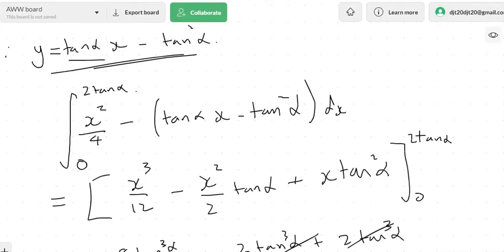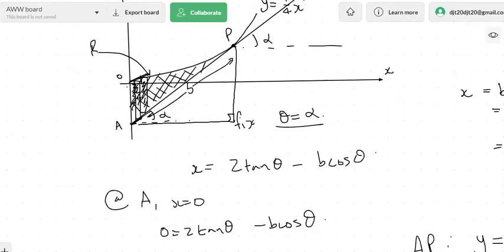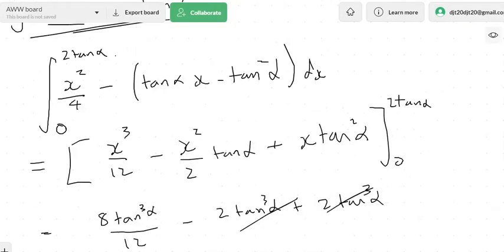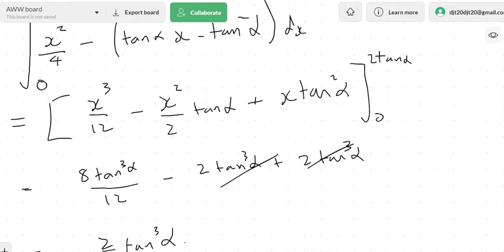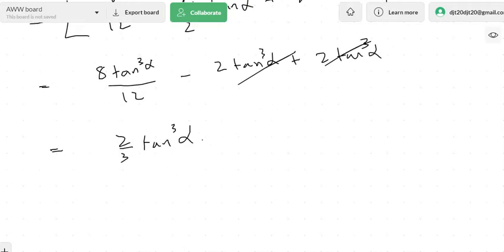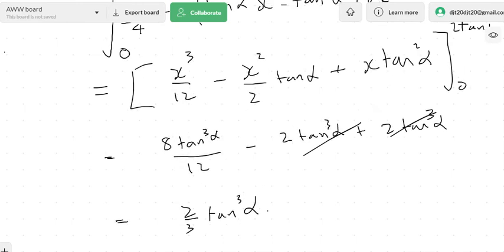Remembering, of course, that we don't have to worry about when it crosses here, for example. This is an okay thing to do to give us the area trapped between those two lines. Then we just solve it for x. We end up with 2 over 3 tan cubed alpha. Hopefully all that makes sense. Well done if you got there yourself.